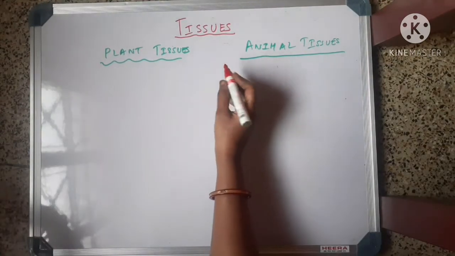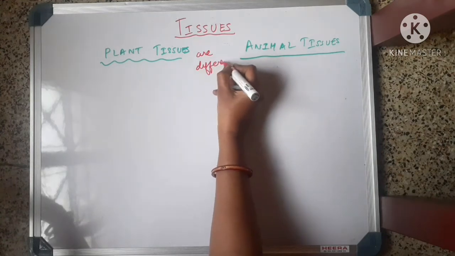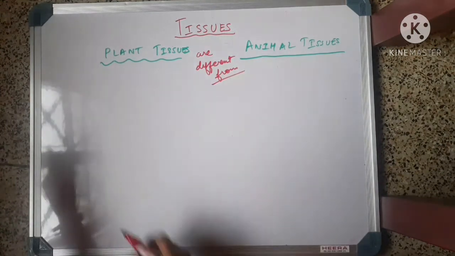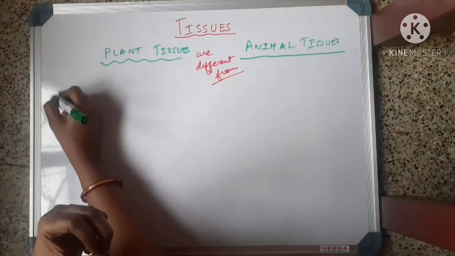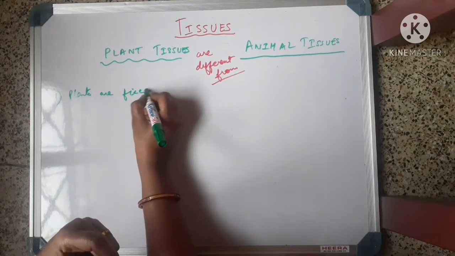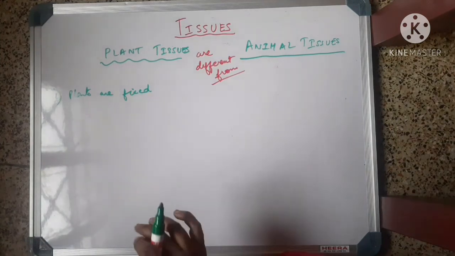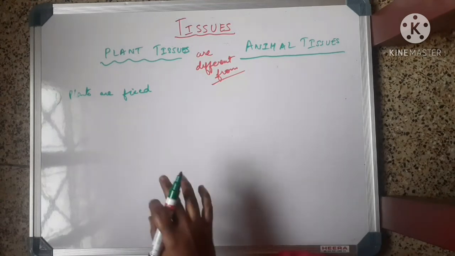Now plant tissues are different from animal tissues. Now how are they different, or rather, why are they different? Number one point, we all know plants are fixed. They do not move. That means they don't need that much energy, though required by animals, because animals generally move about in search of food, shelter, whatever.